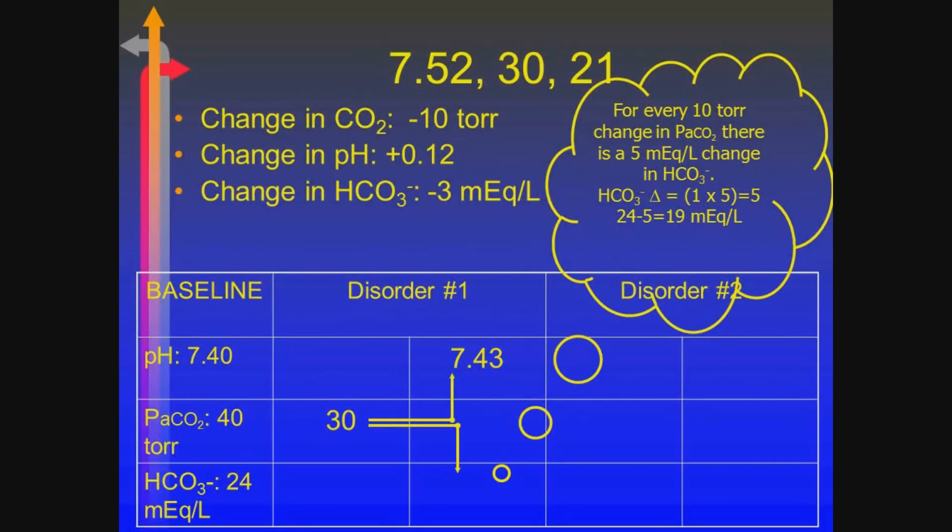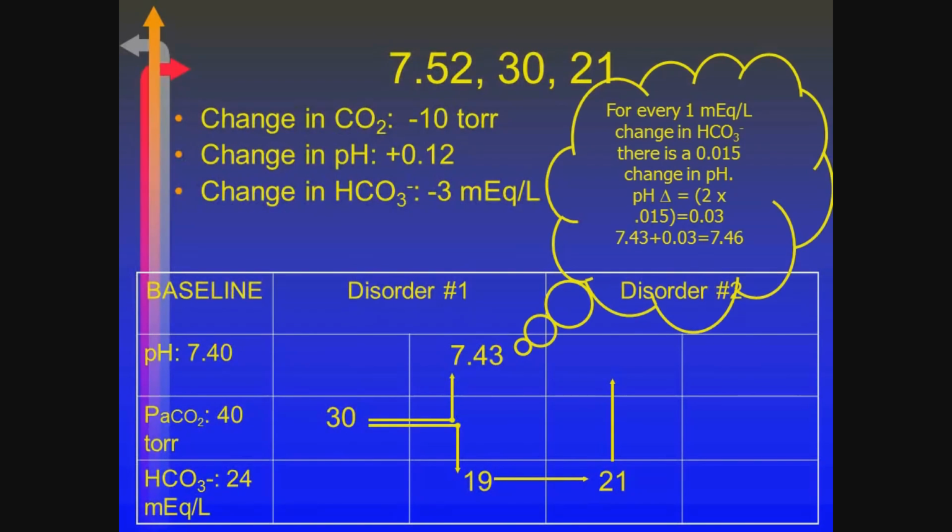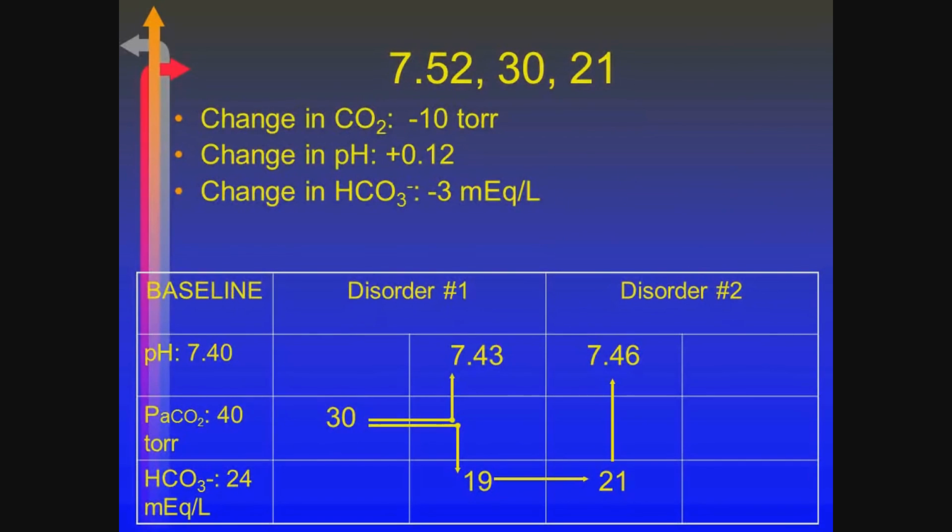So my bicarb starts at 24, goes down 5 to 19. My bicarb is 21. So there must be some other issue going on here. I look at my bicarbonate change for every 1 milliequivalent change in bicarbonate. Looking at my metabolic alkalosis on the bottom, there's a 0.015 change in pH unit, which means that should come back to 7.46. Still not there.